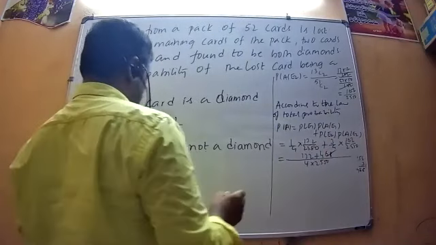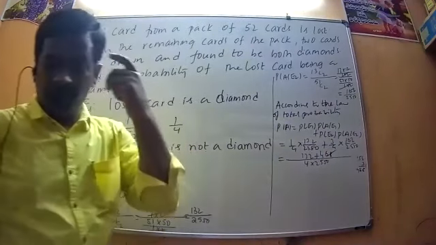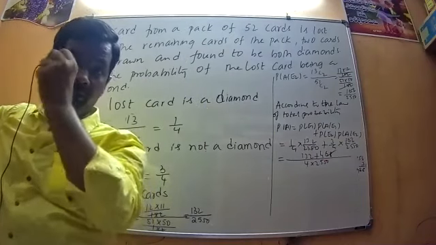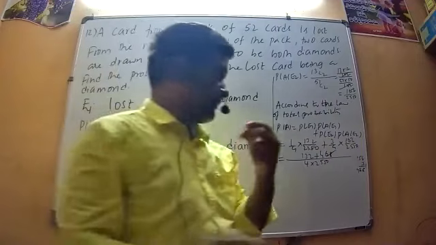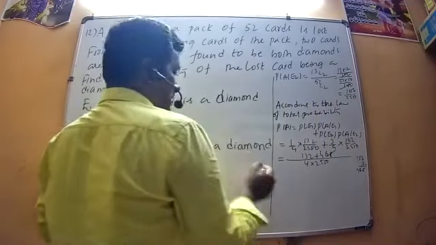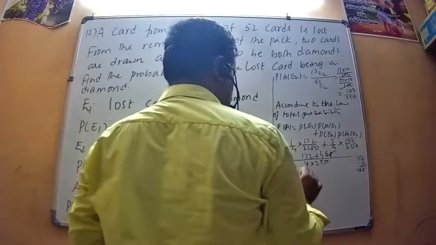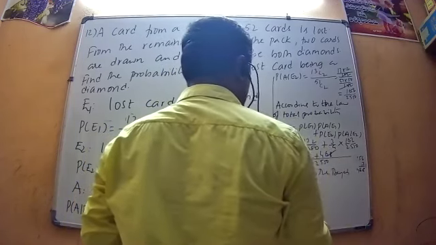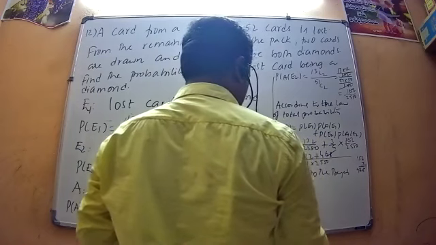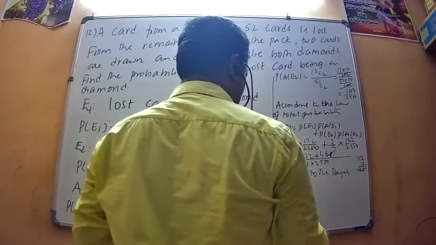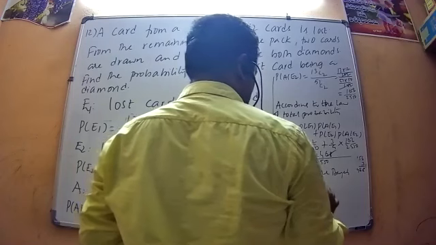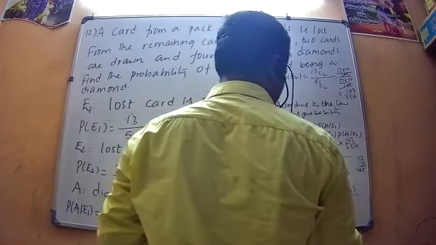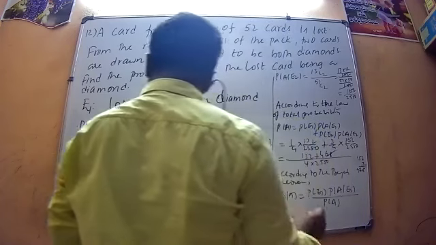Fine. Now we are supposed to find the probability that the last card is a diamond. The last card being a diamond. So we are supposed to find P of E1 slash A according to the Bayes theorem. According to the Bayes theorem, P of E1 slash A will be given as P of E1 into P of A slash E1 by P of A. What is P of E1?